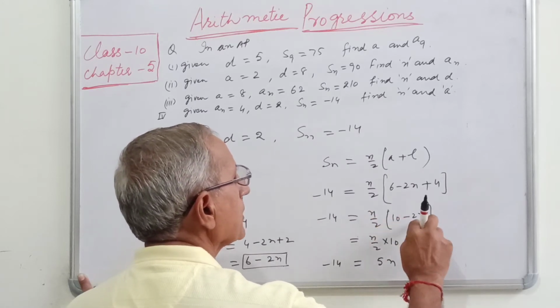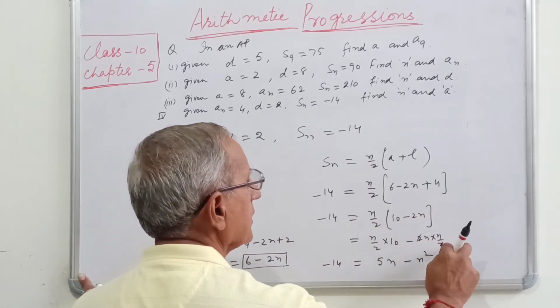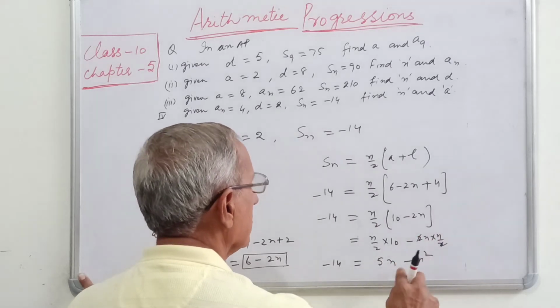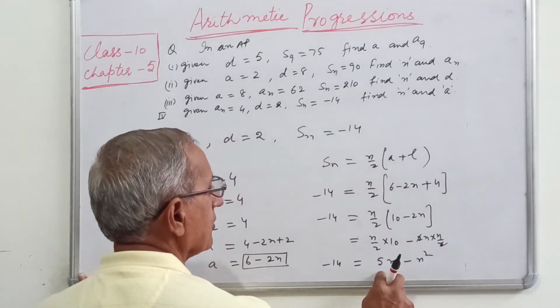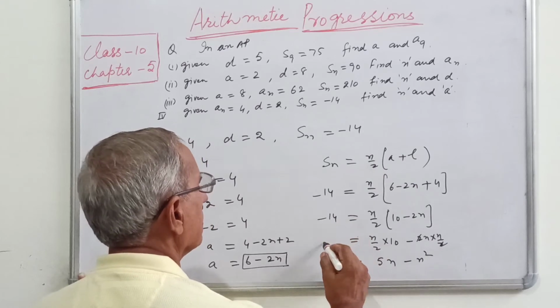So n upon 2 multiply 2n, 2 से 2 कैंसिल हुआ तो n स्क्वायर, सो ये बन गया माइनस 14 इज इक्वल टू 5n माइनस n स्क्वायर.